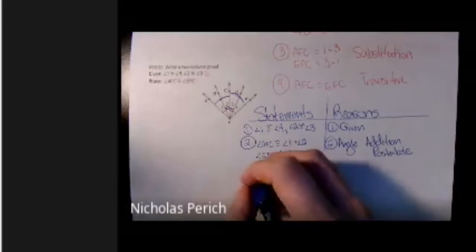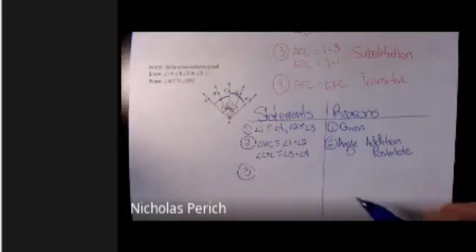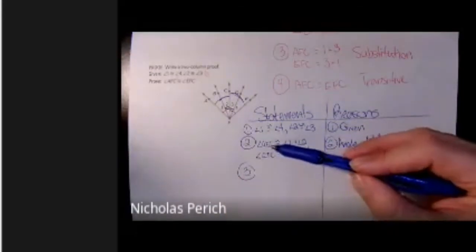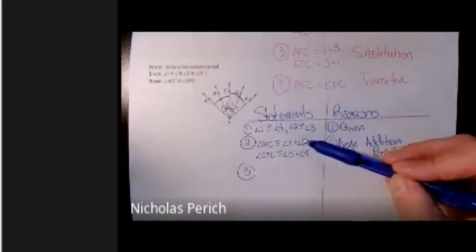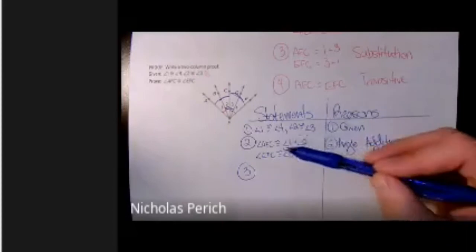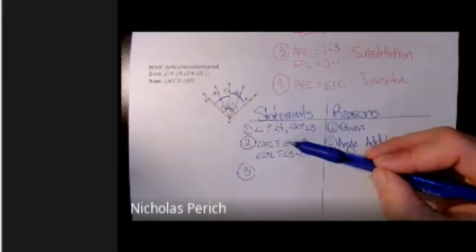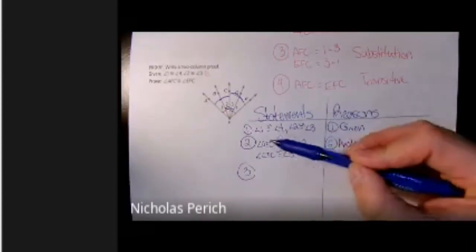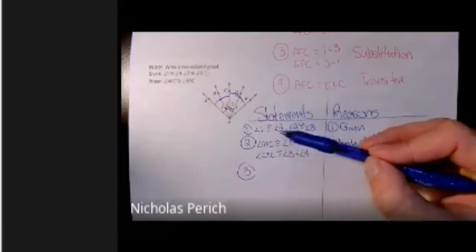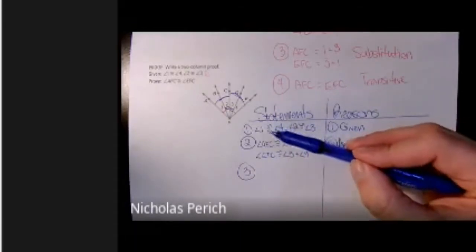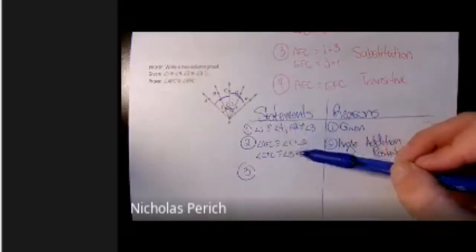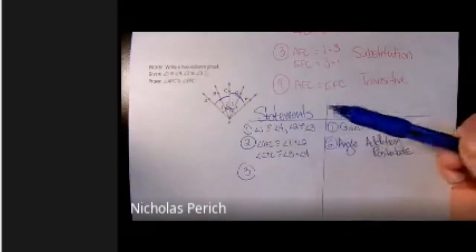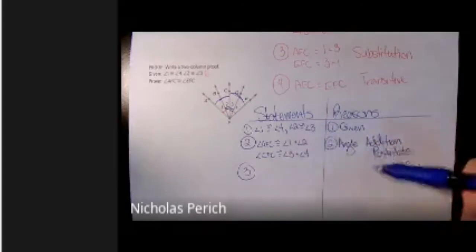Now, my goal here was to show that these two eventually are equal to each other. Right now, they don't look that way. However, if I can find a way to make this guy look like that guy, then they do equal each other. So I go up to my given and say, if 1 is 4, why don't I turn 4 into 1 or 1 into 4? And if 2 is 3, why don't I turn that into that?